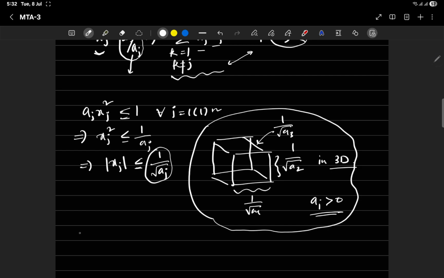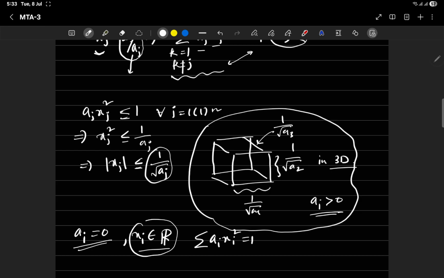But if any of the ai is 0, what happens? For that point, your xi can be any real number, right? Because that doesn't contribute to the sum. So suppose this is 0, so for which you can arbitrarily take it larger.